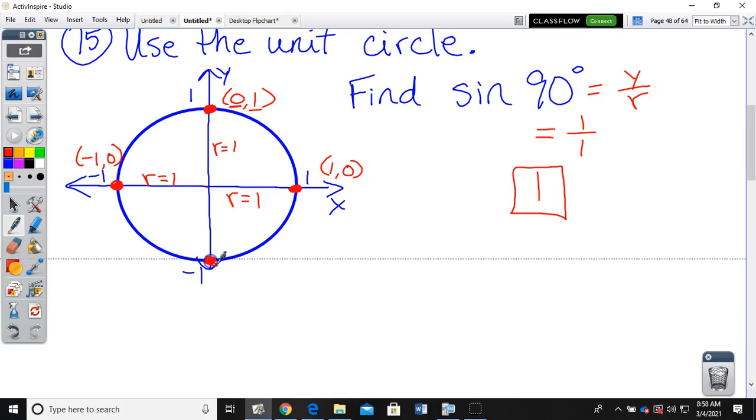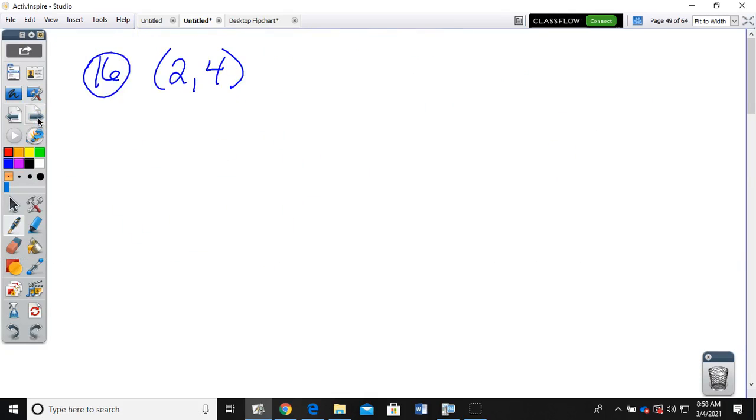And then down here, again, r is still 1. I go left and right 0, and I go down 1. So those are the 4 points that you might need to use. Everybody good? All right.